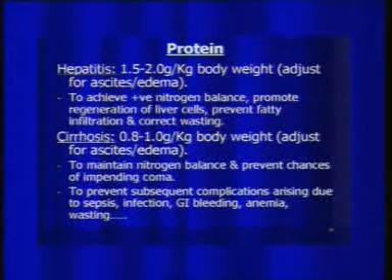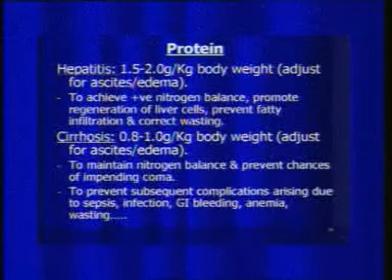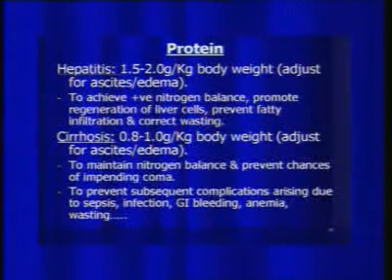Earlier, in liver cirrhosis, protein restriction used to be very severe, but gradually research has indicated that too much protein restriction results in losses or breakdown of tissue proteins in the body, which can also contribute towards the blood ammonia levels.